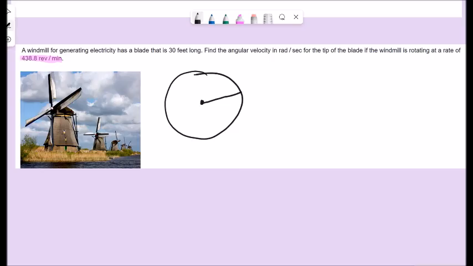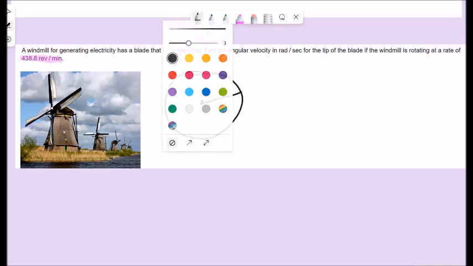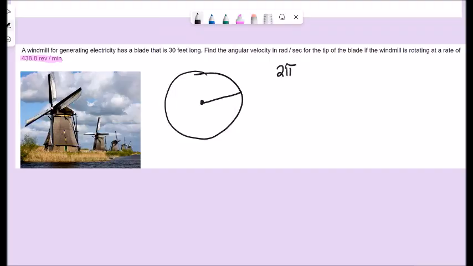Okay. All right. So let's concentrate on what revolutions per minute means. Revolutions, remember, is one full circle. And what is that? Hopefully you're saying, well, that's 2 pi. So what we're going to do to solve this is figure out how many radians it travels in a minute.